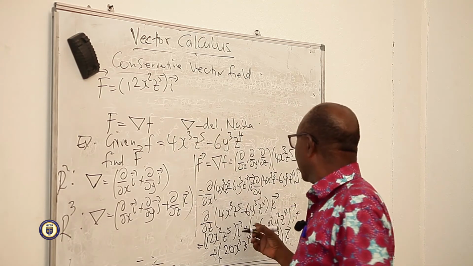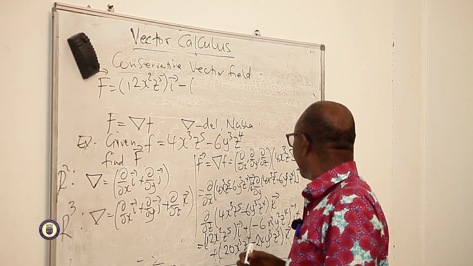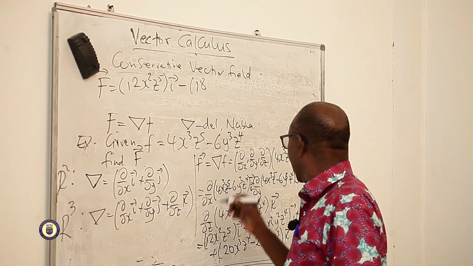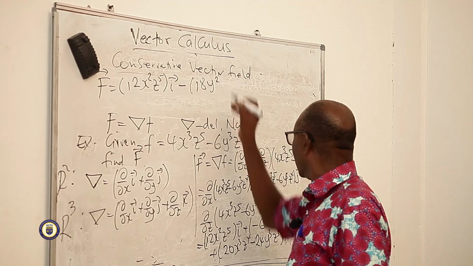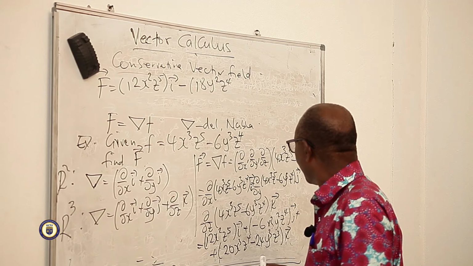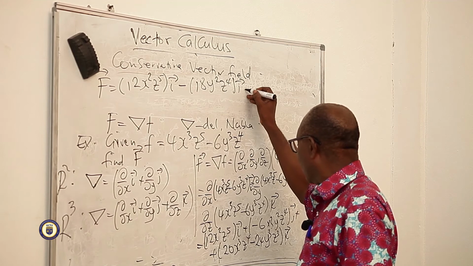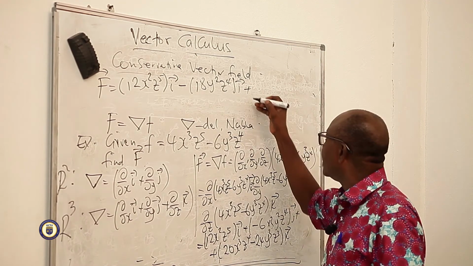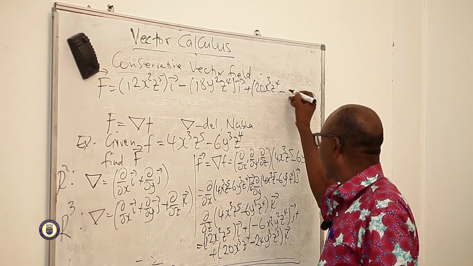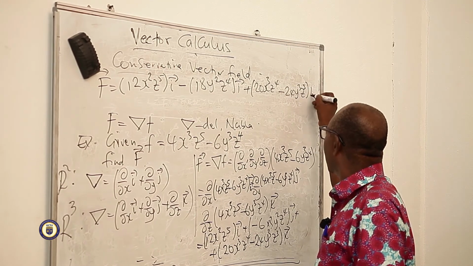Then positive times negative is negative, negative 6 times 3, which is 18, 18y squared z to the power 4, and that is in the j direction. Then the last one will be plus 20x cubed z to the power 4 minus 24y cubed z cubed in the k direction.